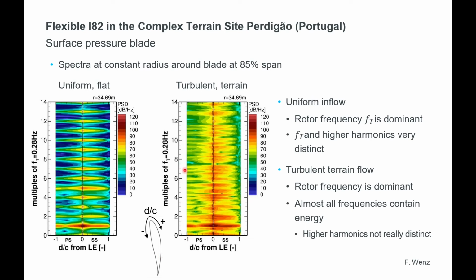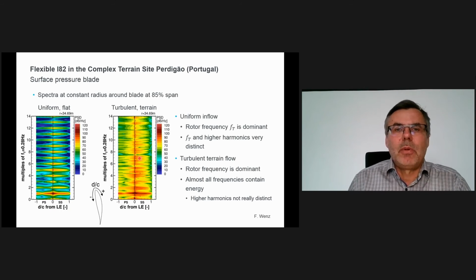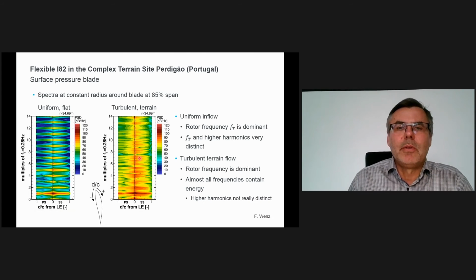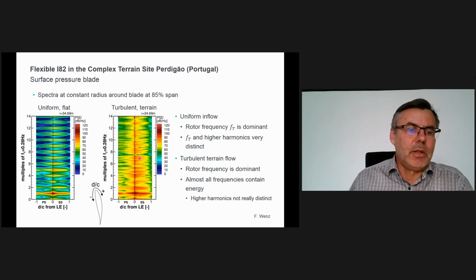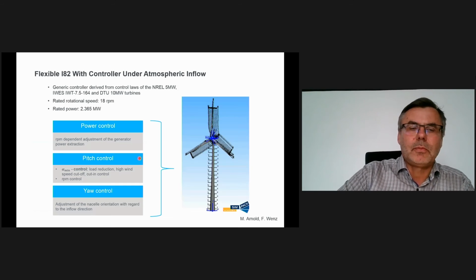So that changes the characteristics, and you see if you apply these highly resolved simulations, including atmospheric inflow and including a highly resolved CFD for the turbine, you can study the impact of turbulence of a certain site on the mechanism of the low frequency noise, and you can identify the reason for certain directivity characteristics.